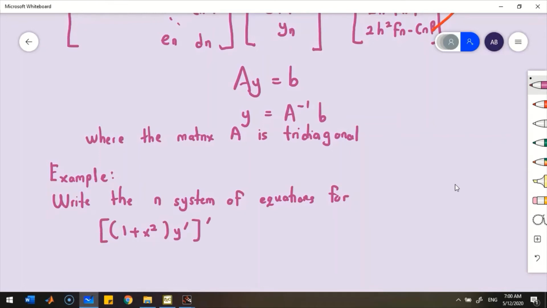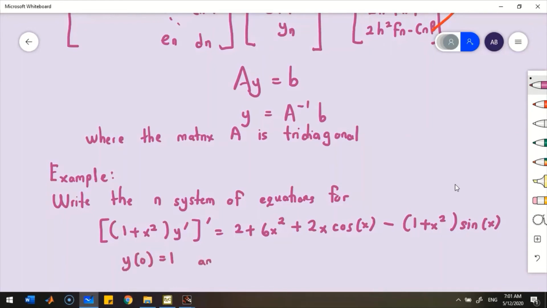Second order here, equals 2 plus 6x squared plus 2x cos x minus 1 plus x squared sine x. The boundary conditions are given as y0 equals 1 and y1 equals 2 plus sine 1. We can have the exact solution.